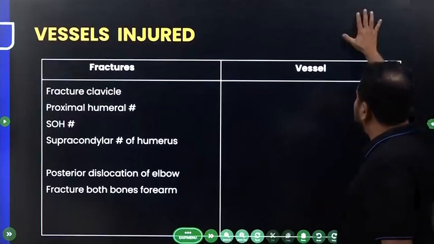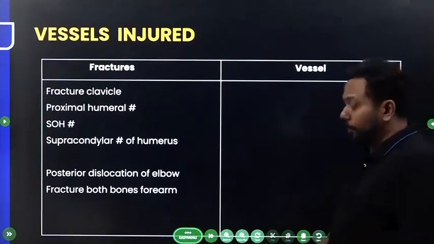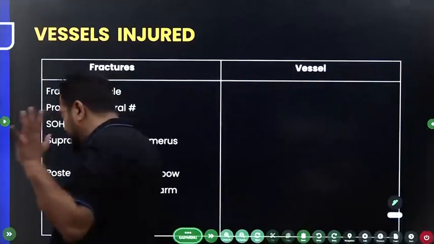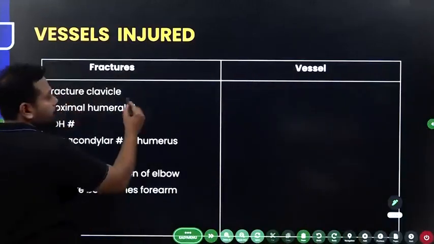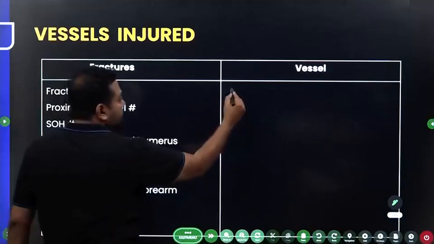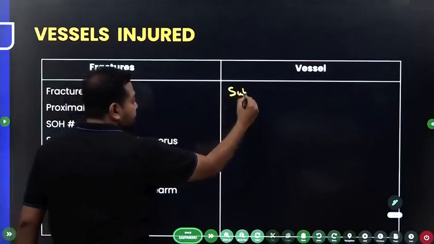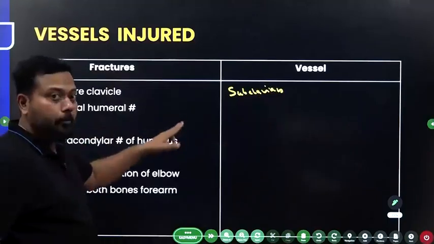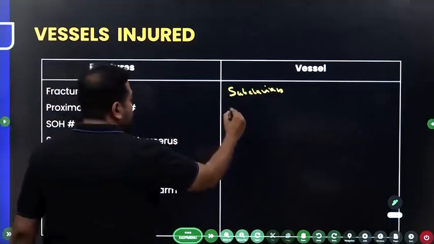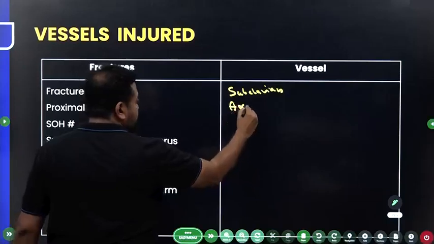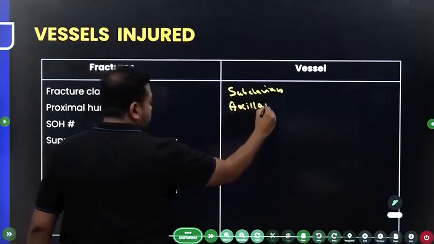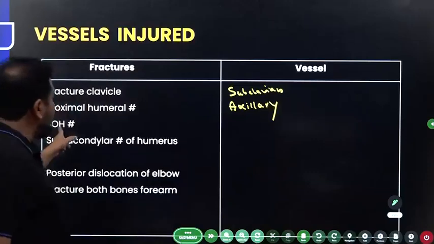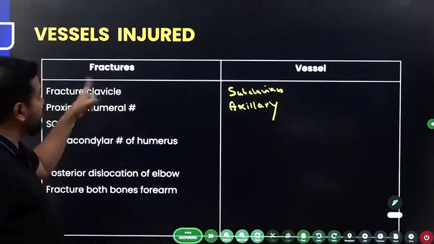Now let us revise. Very important thing. Most common vessels injured in specific fractures. Fracture clavicle, most common vessel injured is subclavian. Proximal humerus, most common vessel that is damaged is axillary. Shaft of humerus, most common vessel.